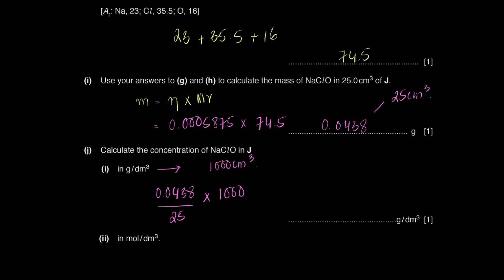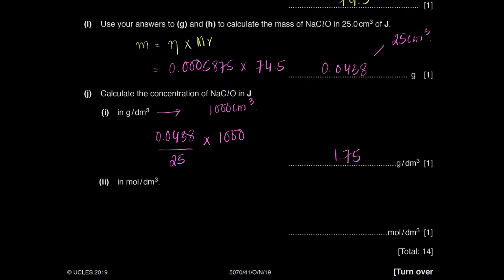And I think that's the same as multiplying the number by 40. I'll do that the long way. I don't want to make any mistakes. I'm getting 1.75 grams per centimeter cube. And I want to convert this into moles, so I'll just divide this directly by 74.5 and I'll get the right answer. I'm getting 0.0235 because I took 1.75, divided it by 74.5.